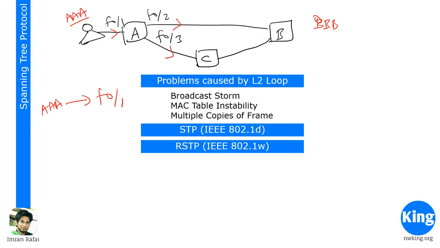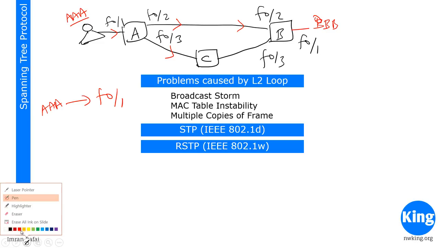Now let's assume switch B is connected to the MAC address of BBB. When switch B receives this message, it says fine, I know where BBB is. Let's say this is again F0/1, F0/2, F0/3, right?